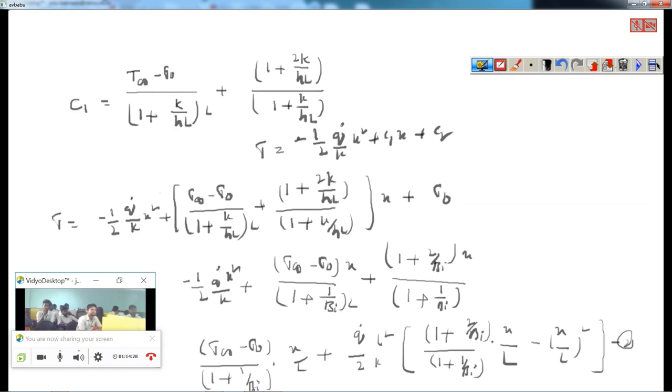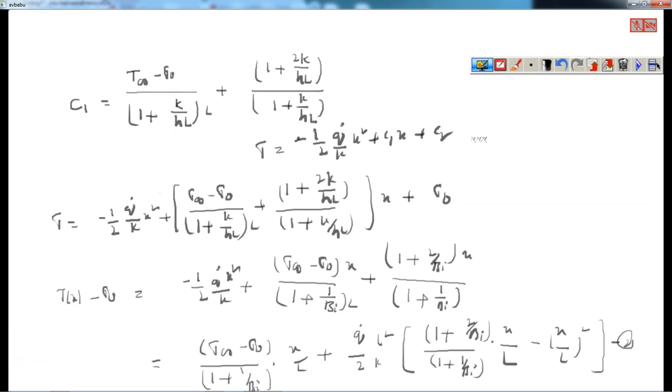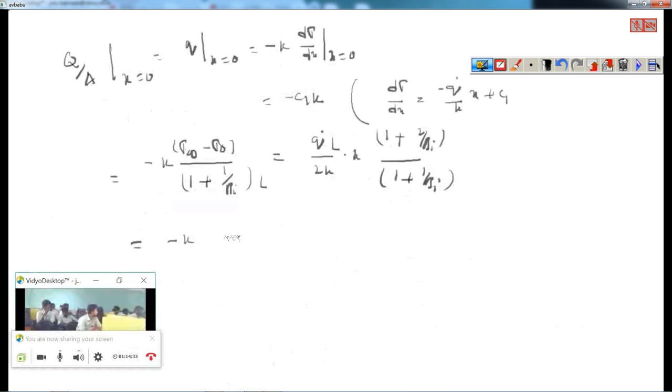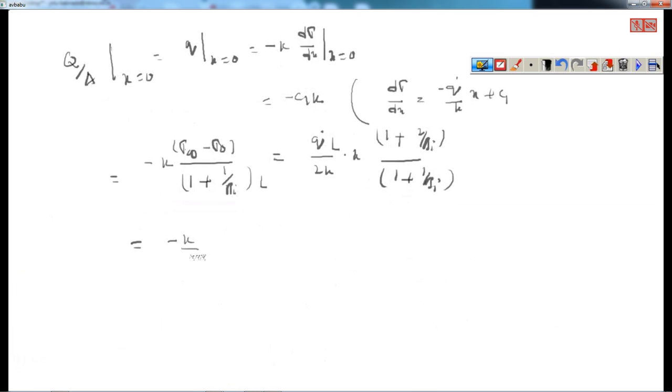Okay, now this is equals to minus k by L, T infinity minus T0 divided by 1 plus 1 by Biot number, minus q dot L by 2, k gets cancelled.